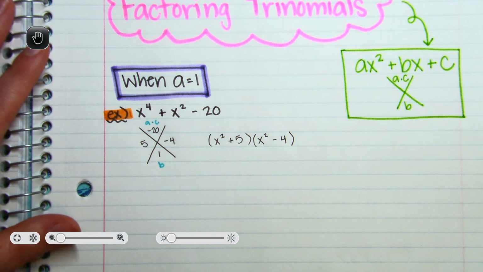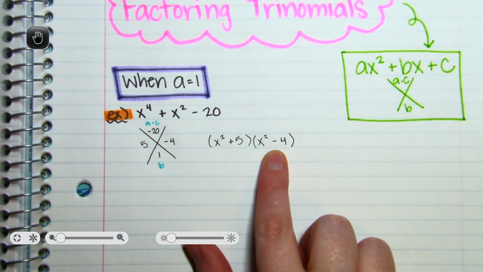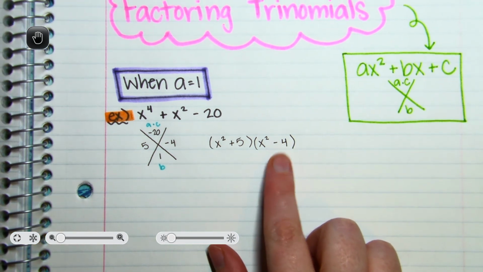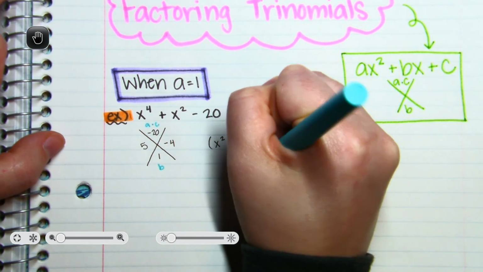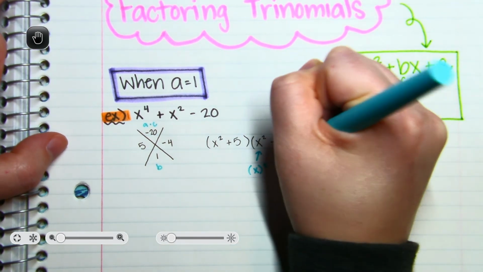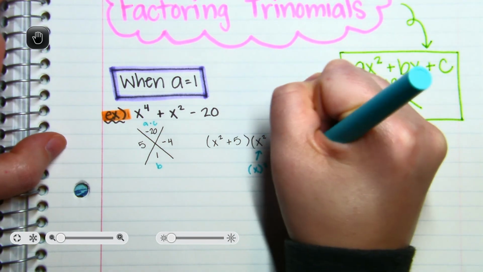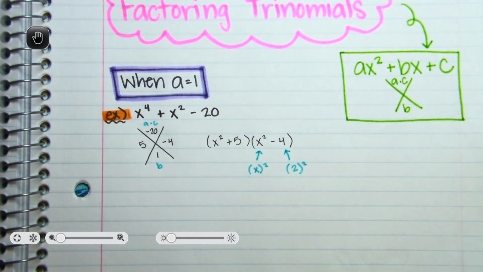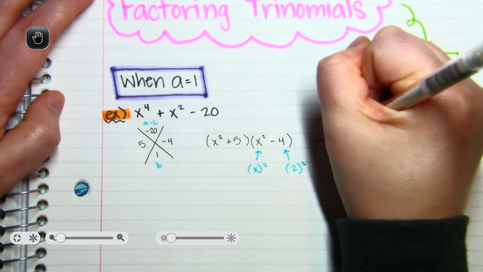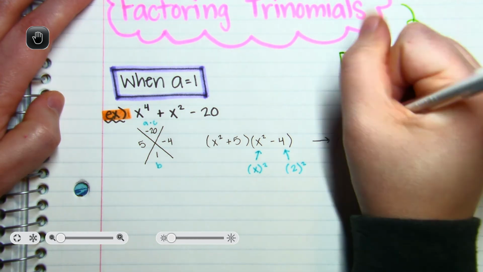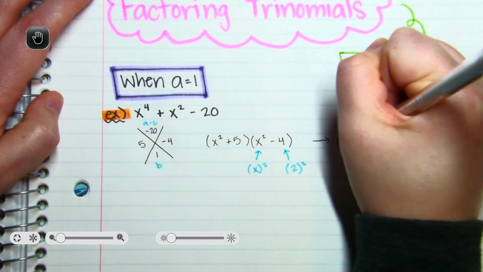Now this is where we use our knowledge that we just went over of difference of squares. This is the difference of squares. So we can factor this even further. So this is actually x squared, oops, the pen is dying, x squared plus 5.